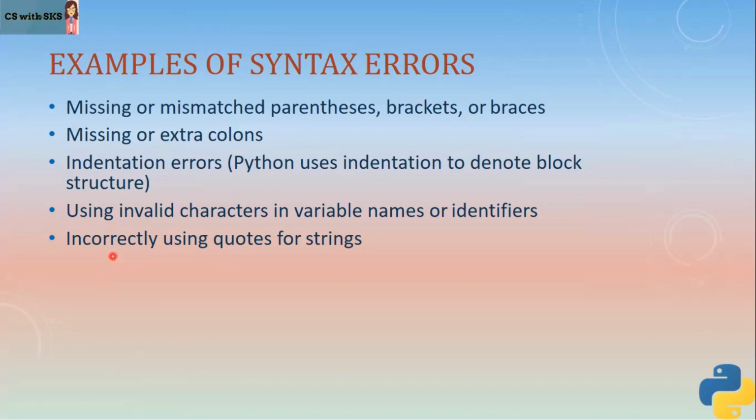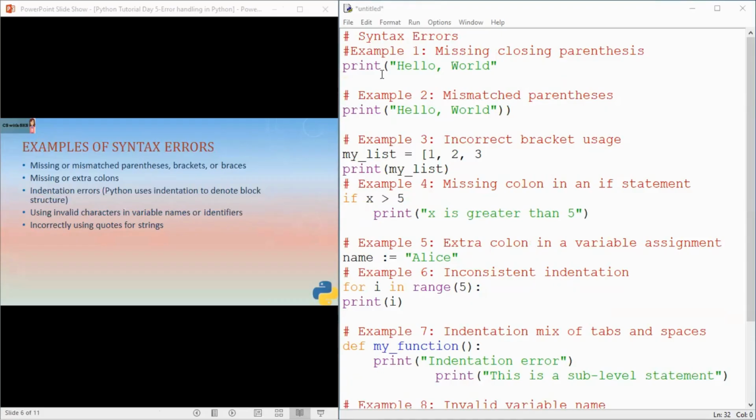So I'll take you to the Python shell to understand these examples in a better way. So the first example for syntax errors is missing or mismatched parentheses, brackets, or braces. If you look here, missing closing parentheses.